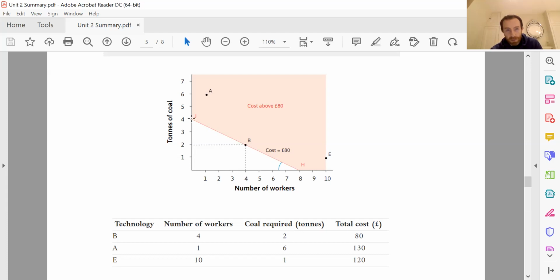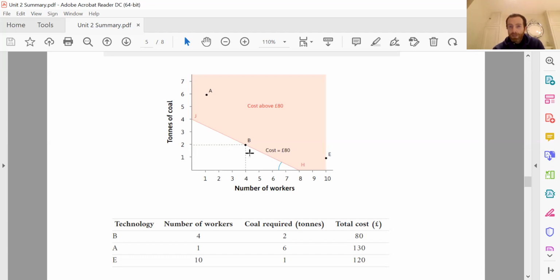So this line J to H here is the isocost line represented by the equation that I wrote before. And we can see that an isocost line with this particular slope, the lowest possible one would be where we have technology B. So that tells us technology B, given this particular wage and this particular price of coal, is the cheapest one that this firm could choose, right?